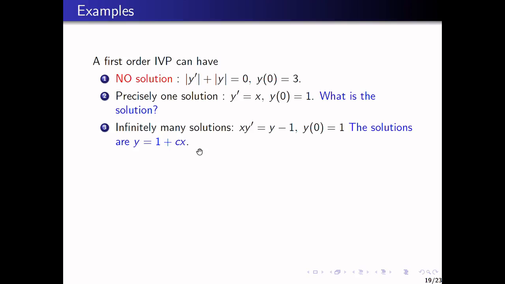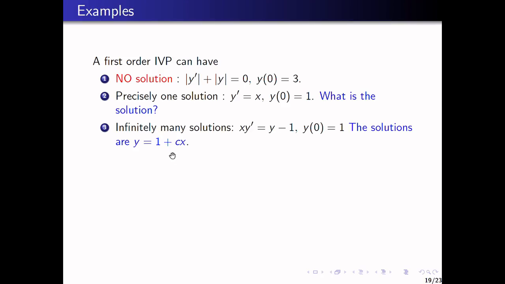You can check that this satisfies this differential equation. What you do, you have to take the derivative of y and then do manipulation so that you remove the constant c, and then you will get this differential equation. So this particular expression is the solution of this differential equation.